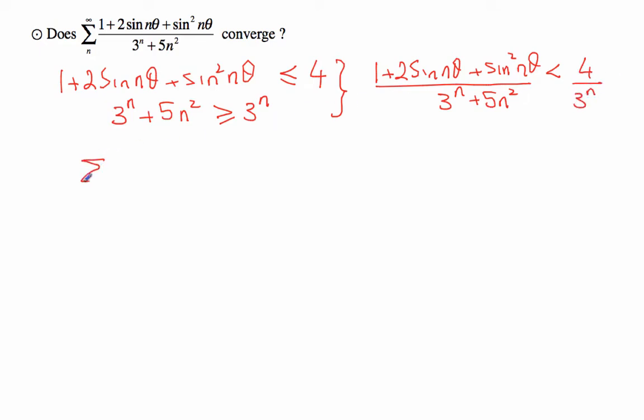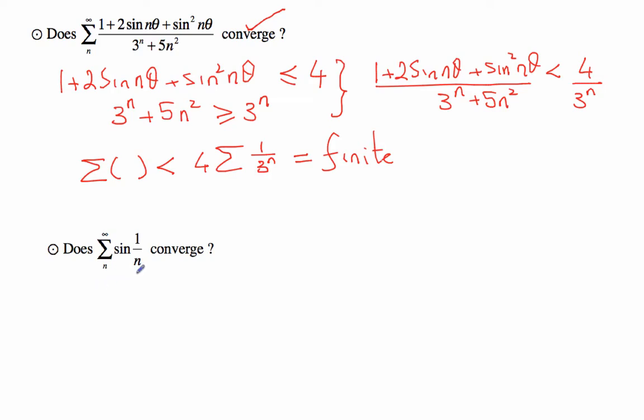Therefore, this infinite series that we are looking at is going to be less than 4 times 1 over 3 to the n, and it really doesn't matter where n starts from. We're only interested in large values of n. But then this is a geometric series, and this is finite. One doesn't really care what its value is, but this is finite, and so this series over here, without knowing anything more, we're able to say that this converges.